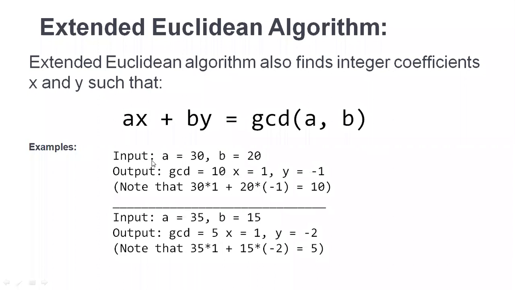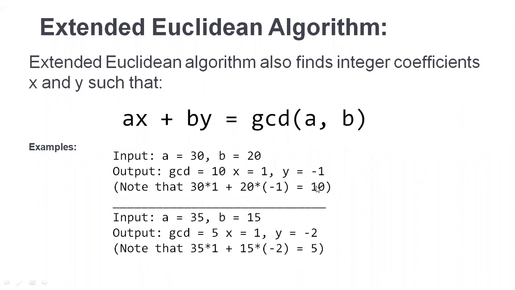So this is the problem, and you have to find the solution. In the output, you will get x as 1 and y as -1. Simply you put 30 into 1 plus 20 into -1, and you will get the answer, that is 10.